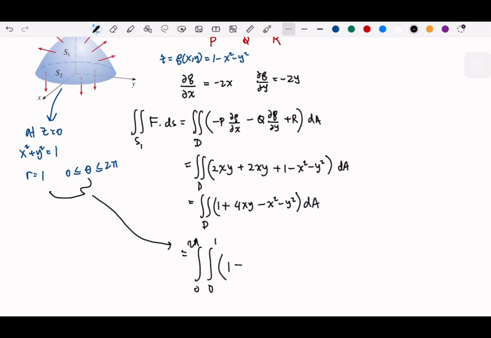So 1 plus 4, x will be r cosine theta, y will be r sine theta. This will be r squared cosine theta sine theta. Minus this x squared minus y squared will be minus r squared. Multiply with, don't forget to write, r dr d theta.